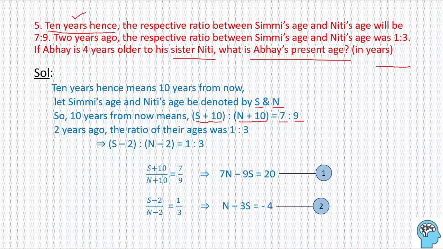And 2 years ago means S minus 2 and N minus 2, and the ratio is given as 1:3.